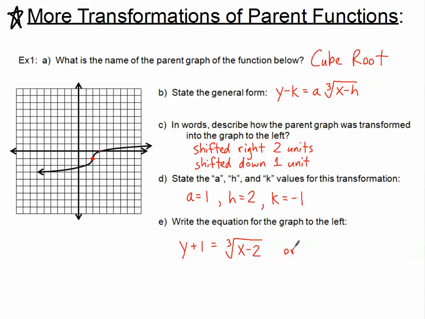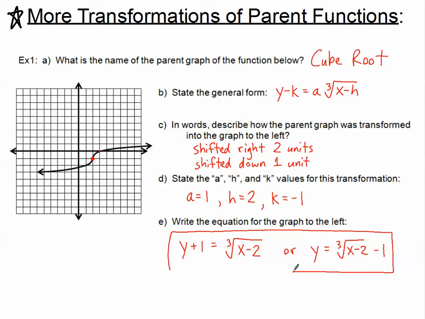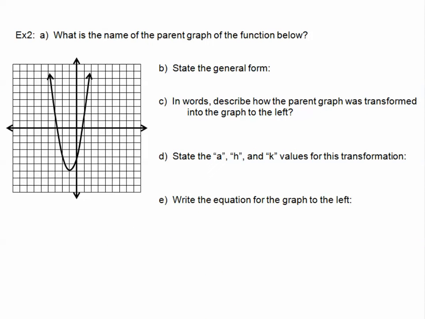And if you'd rather not put k over here with the y, you can simply write it as y equals the cube root of x minus 2, and then minus 1 right there for k. Either one of those is acceptable for the equation of this cube root graph. So that's what we're doing. We're going backwards. We'll look at one more.